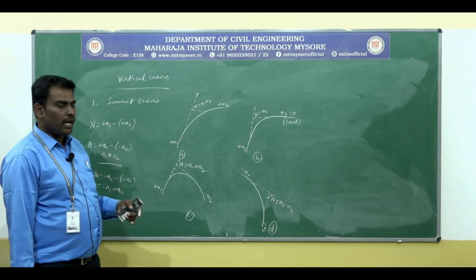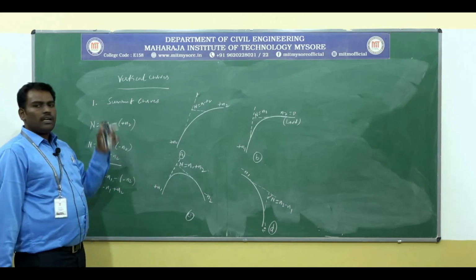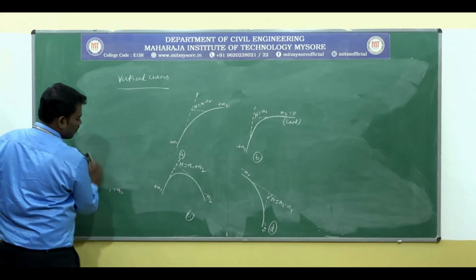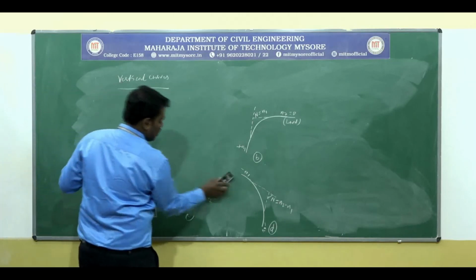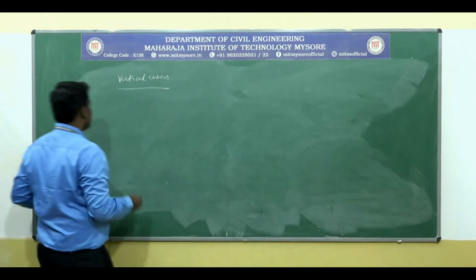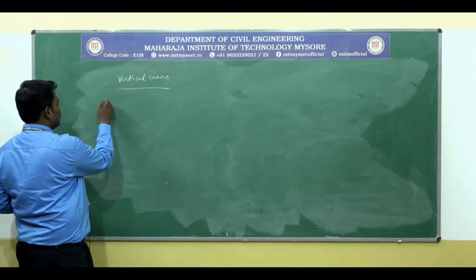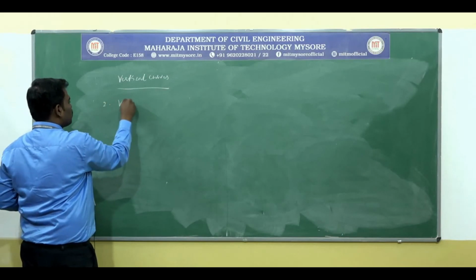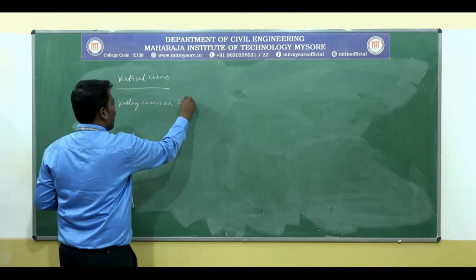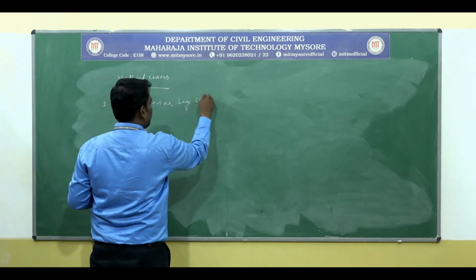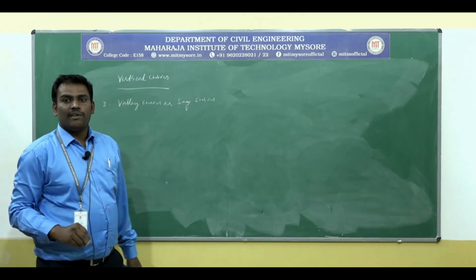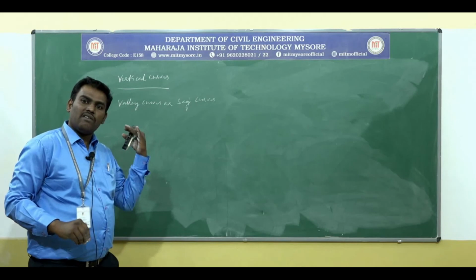Is it clear? Next I'll move on to number 2, valley curves or sag curves. In the sag curves also there are about 4 different cases. Here we know the concavity is upwards, whereas in the summit curve it is convexity upwards.